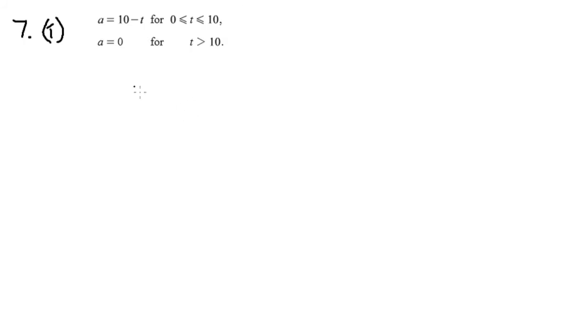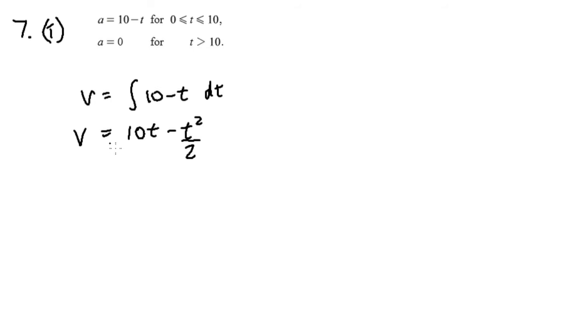So since we have acceleration and we need to find velocity, let's integrate with respect to t. So v is the integral of 10 minus t dt. And these are just simple integrations. 10t take t squared divided by 2 equals v.